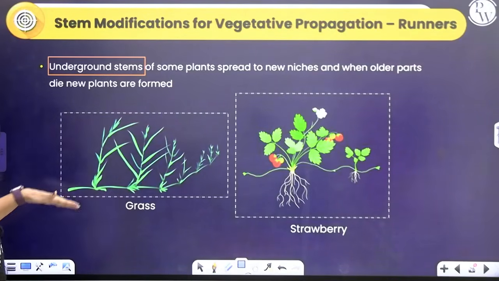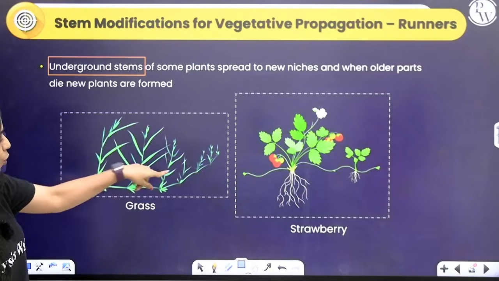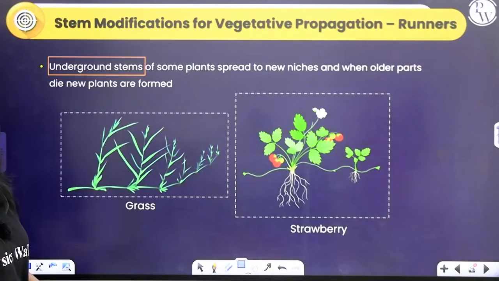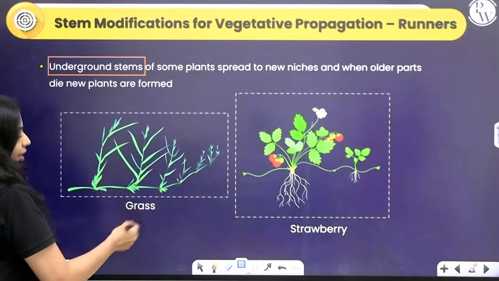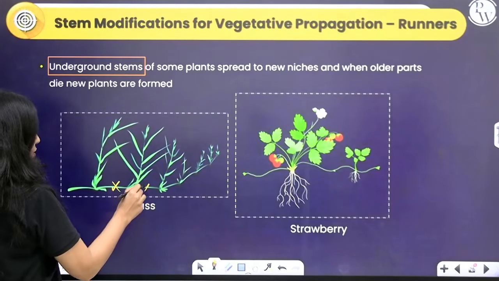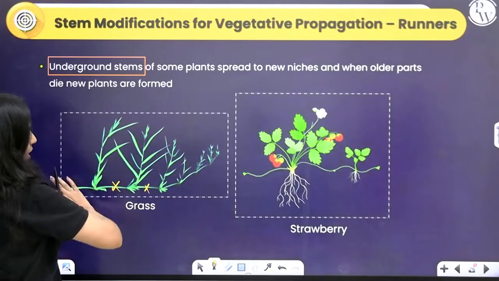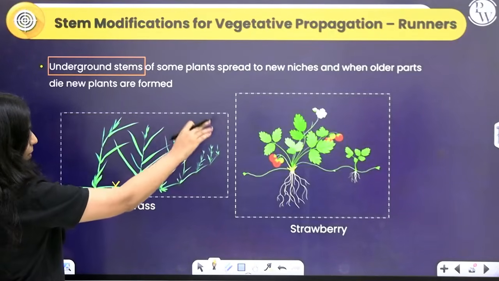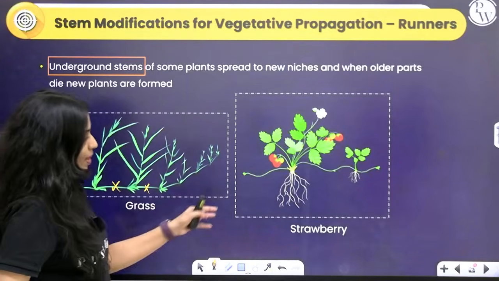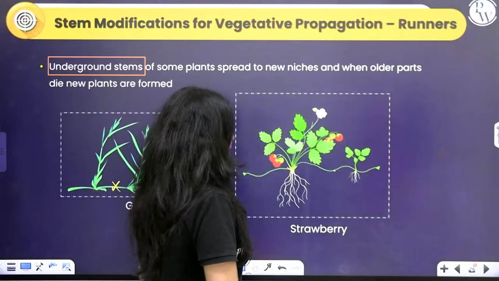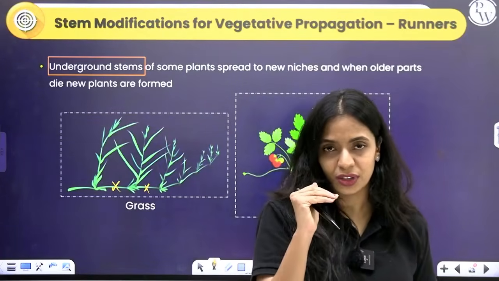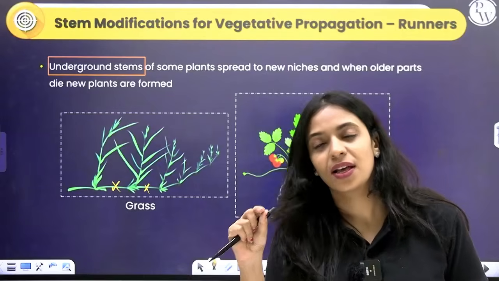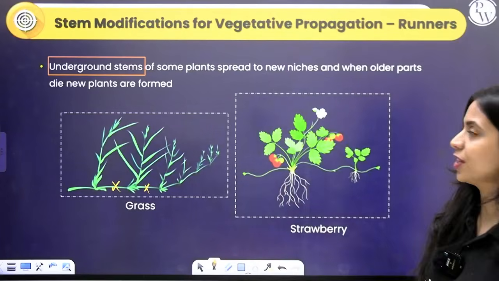Okay. So at some nodes, the branches will go above ground and form new plants. If there is any damage to this branch, or if older parts die, then newer plants will continue. Okay, so something similar you can see in strawberry as well. These are called runners, where there is a portion of the stem below the ground that will give out lateral branches, and that will help in vegetative propagation.